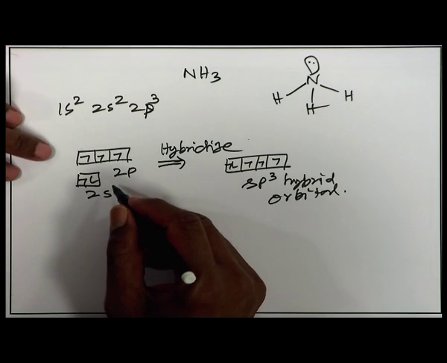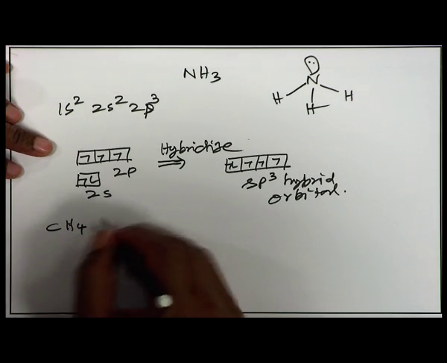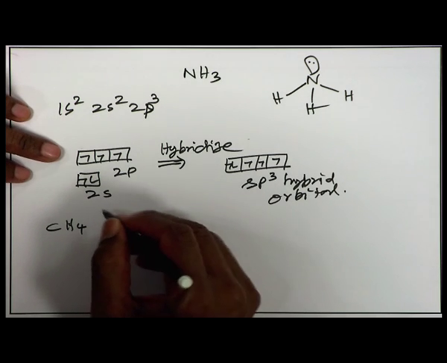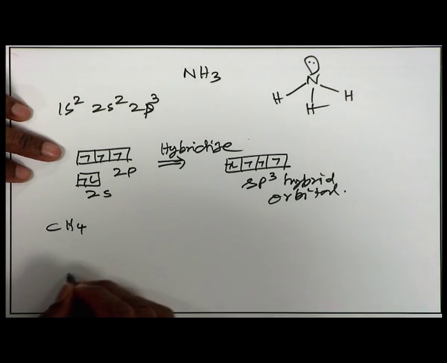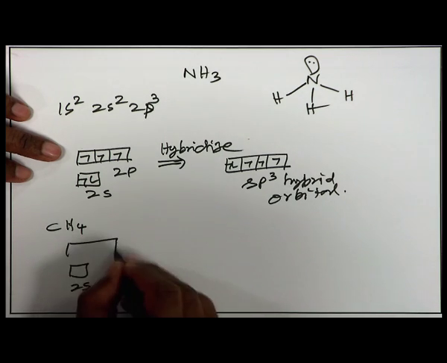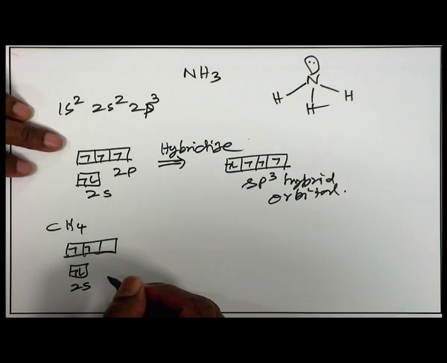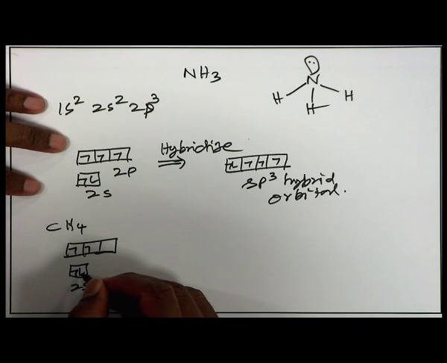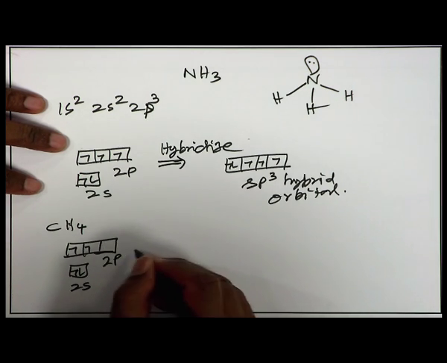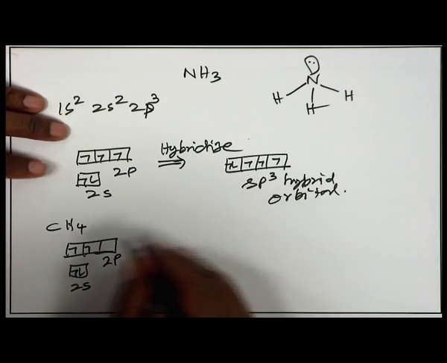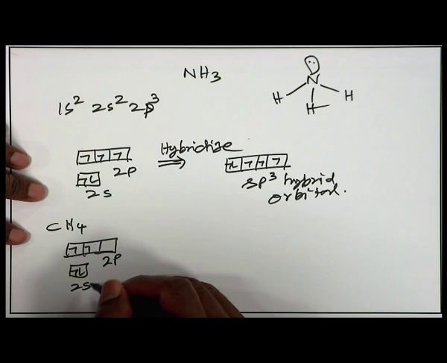It is not as in carbon, CH4, where there is a promotion of an electron from the 2s orbital to the 2p orbital. For carbon you have a 2s orbital and 2p orbitals, that is the electronic configuration of carbon, and then one of the electrons of the 2s orbital goes to the 2p orbital, and then the sp hybridization takes place between the singly occupied s and p orbitals.